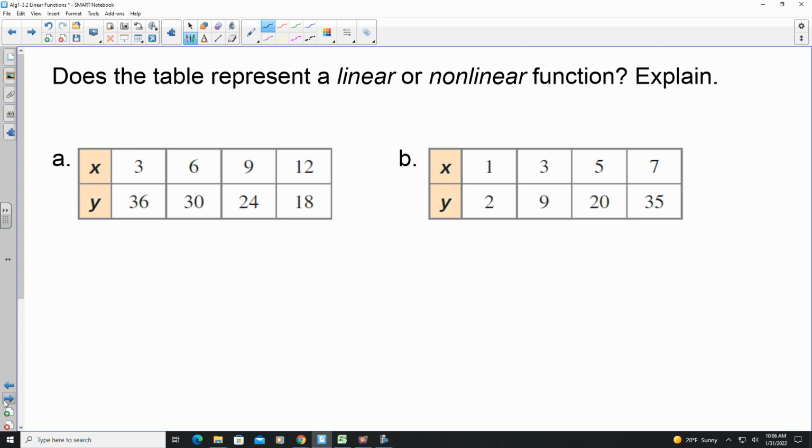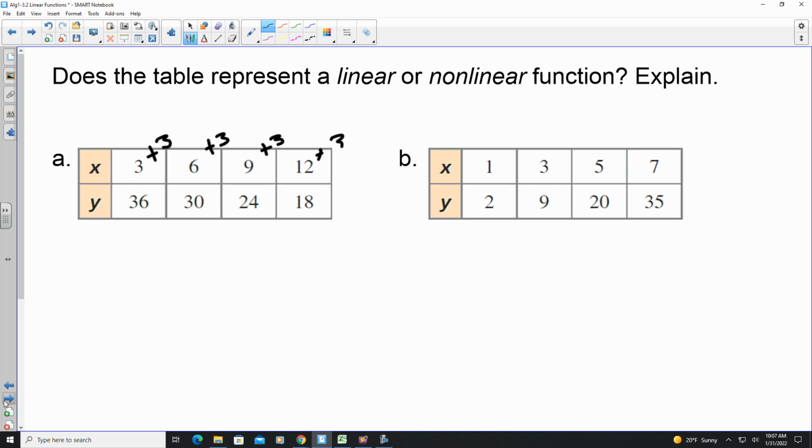Everything on the table here is added by 3. So I added 3 here, I added 3 here, I added 3 here, and you would probably add 3 to the next set of ordered pairs.